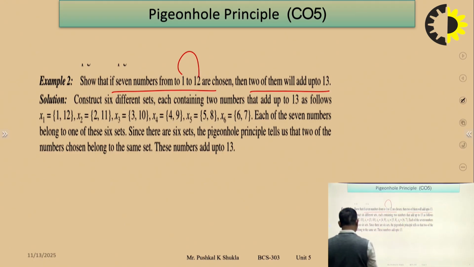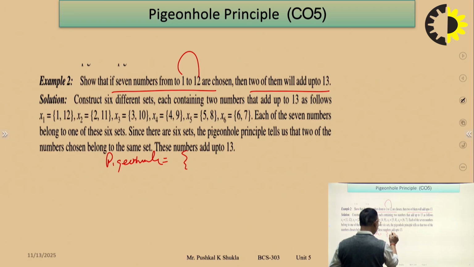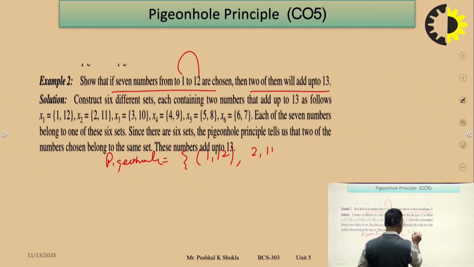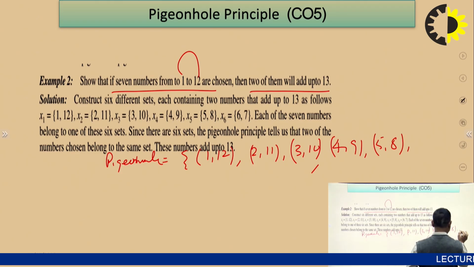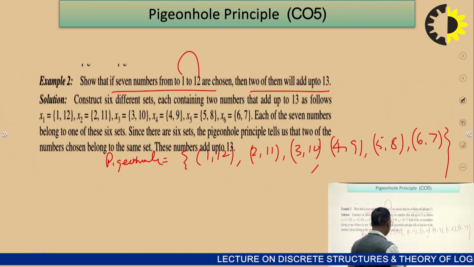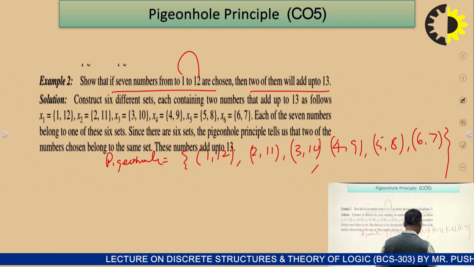What will be the pigeonholes? The pairs adding up to 13: 1 and 12, 2 and 11, 3 and 10, 4 and 9, 5 and 8, and 6 and 7. So 1, 2, 3, 4, 5, 6. So n equals 6.